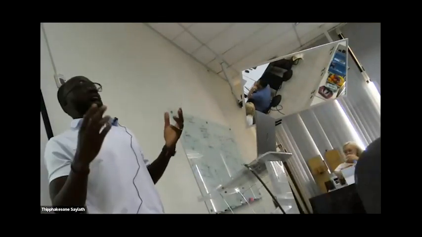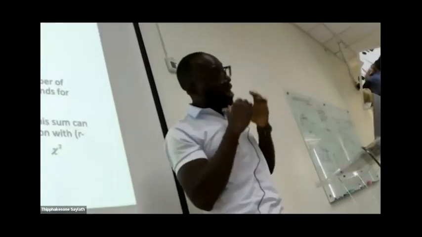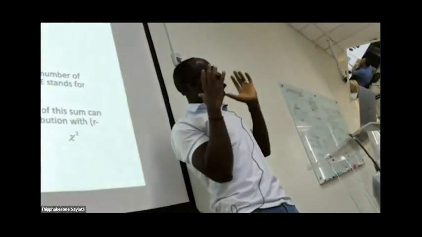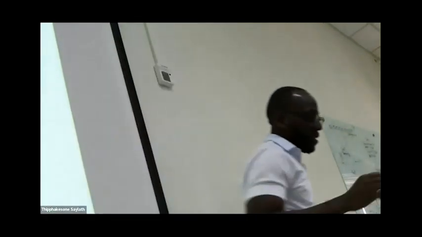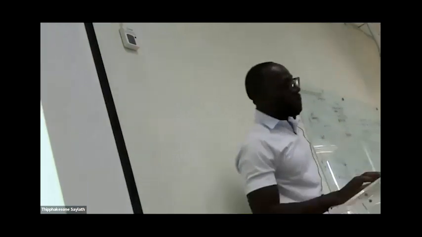I have data. If the null hypothesis is true, I'm expected to see some form of data. Now I'm going to see if the data that I actually observed is consistent or not consistent with the null hypothesis. And consistency is measured by this test statistic. All right.